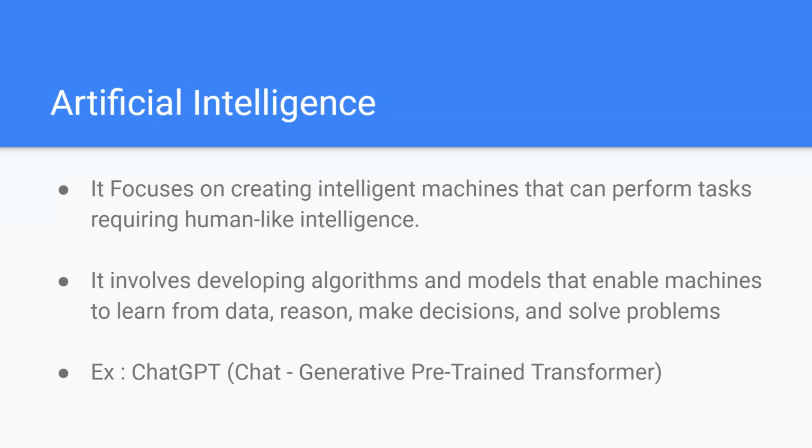For example, if you take ChatGPT, if I give some prompt to it, it is able to understand what I am asking, and based on my prompt, it is able to return the answer. Basically, it's a question answering system.